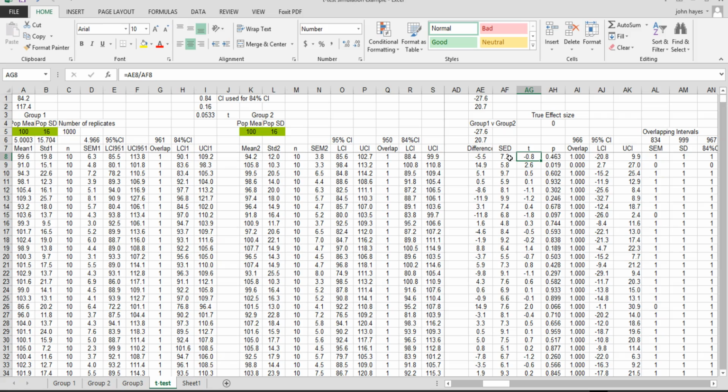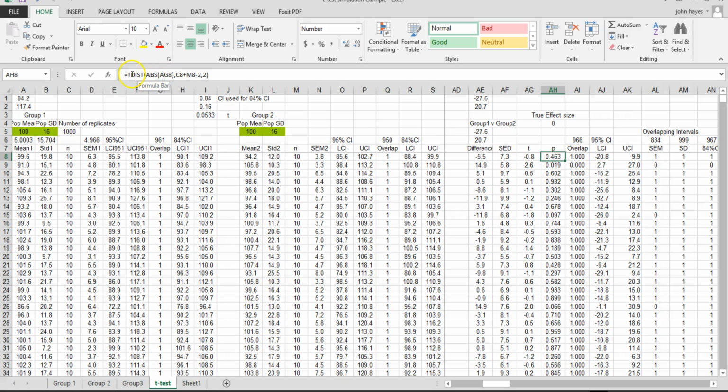Think about this: the standard error is an estimate of the standard deviation of the sampling distribution of differences. We can go ahead and calculate the p-value, which is done with the t-dist function.